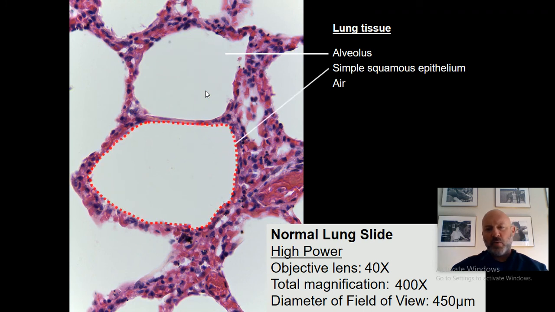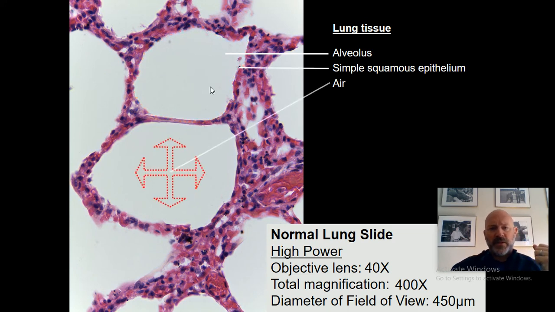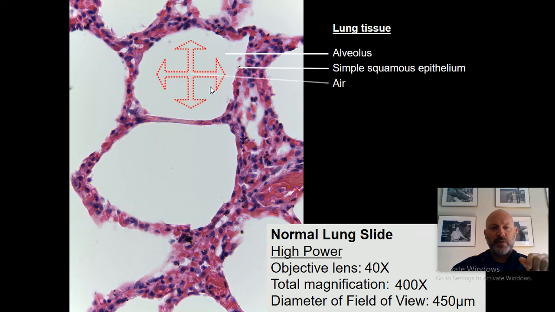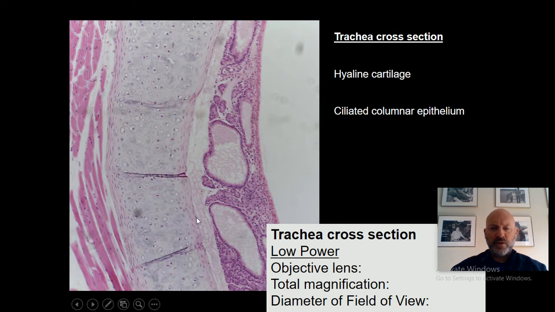And you can see the walls are lined with single layers of squamous epithelial cells. Squamous are flat and plate-like, just like the ones that we took out of our cheeks. All right. And then obviously this is where the air would be, in here and in here. So label those three things, and you should be good.